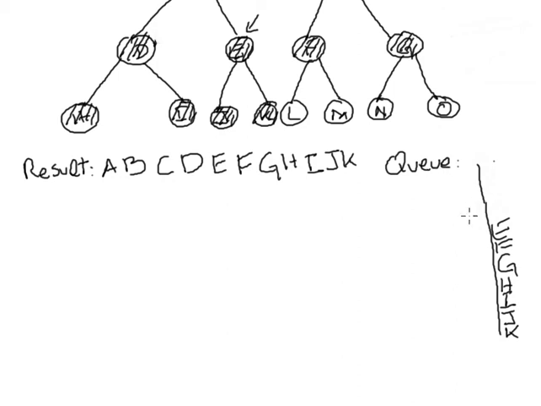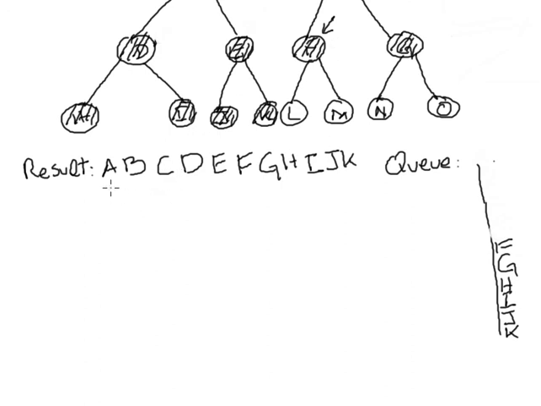So E is served now, so we're going to dequeue E from our queue and change the pointer to the next element in line, which is F. So let's draw that. Now F still has two unvisited nodes.